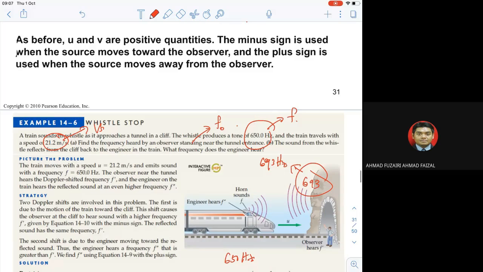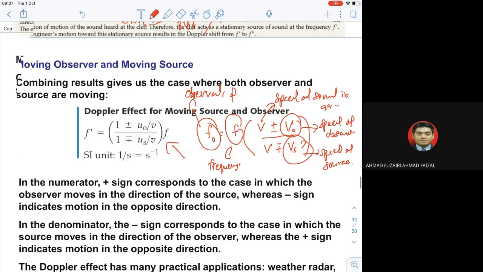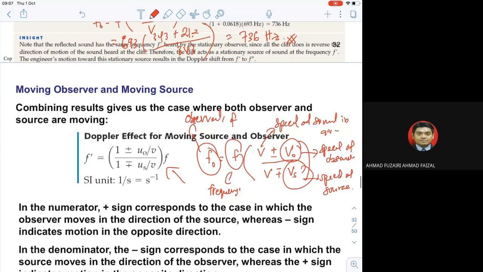What is the textbook's equation? Here. FO equals F times (V plus minus VO) over (V minus plus VS).